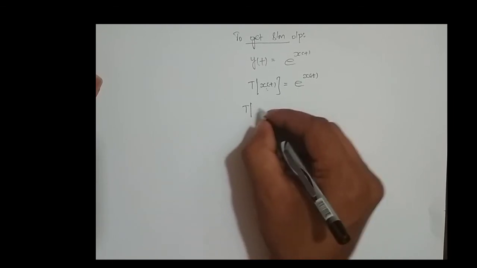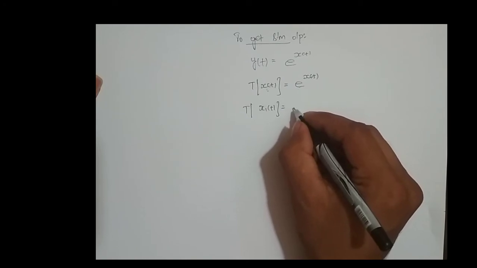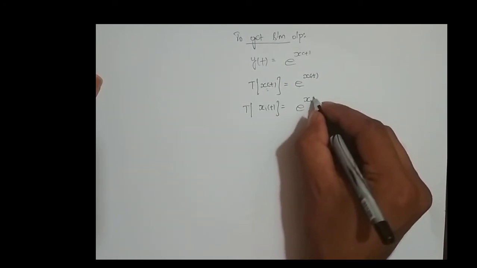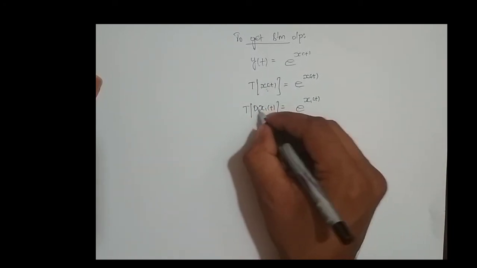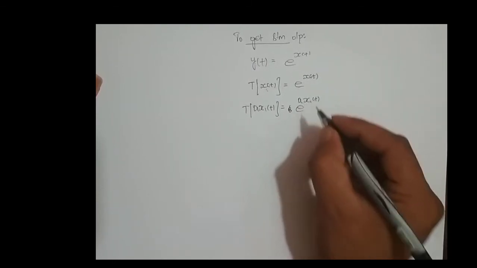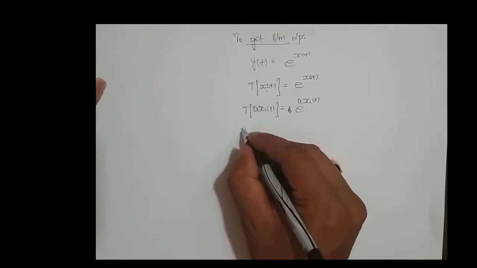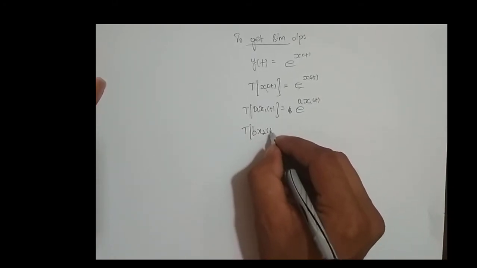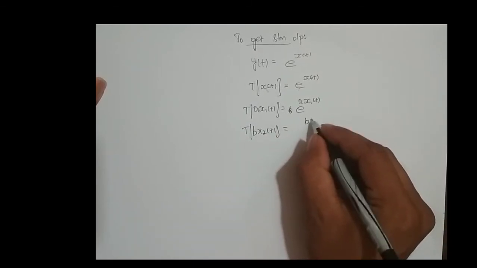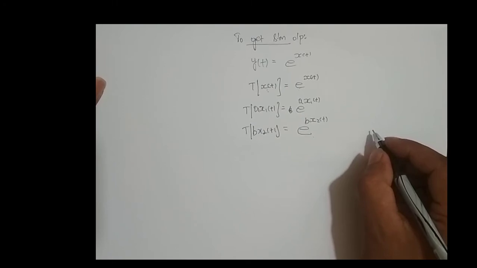What if I feed x1 of t as a signal? What is the system output? X1 of t goes to the exponential, right? What if a times x1 of t? System output is e power a times x1 of t. Similarly, if I feed b times x2 of t, this goes to the exponential as well.